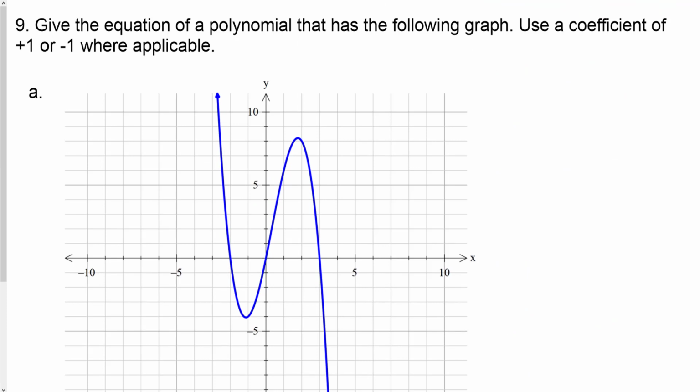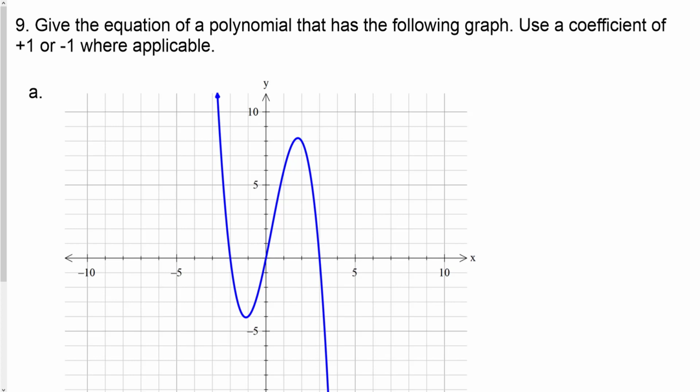Number 9. Give the equation of a polynomial that has the following graph. Use a coefficient of positive 1 or negative 1 where applicable. So again, the coefficient of positive 1 or negative 1, this is just saying there's nothing you need to solve for in the end. Just use positive 1 or negative 1, indicating a vertical flip if necessary.